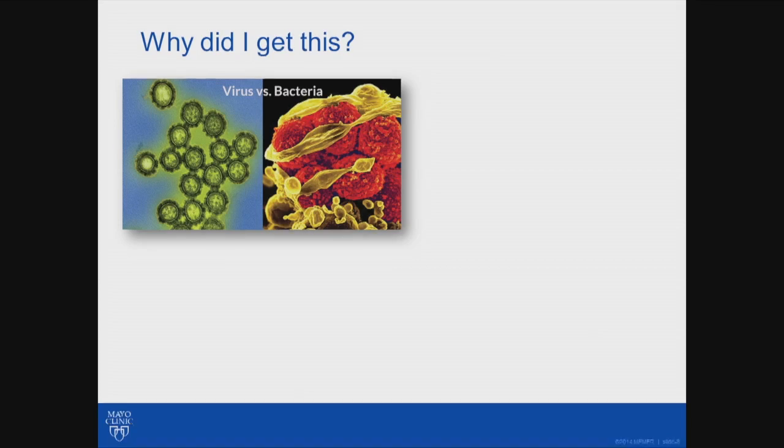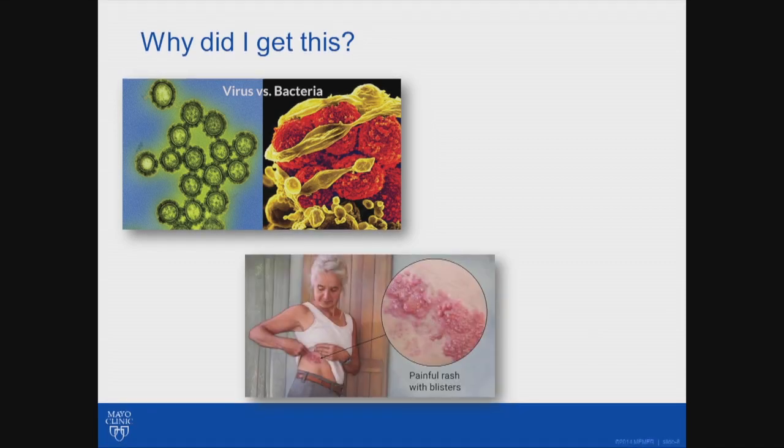Now, it's possible that infections may trigger the disease or may result in a higher risk of people getting the condition. So, for example, in giant cell arteritis, there's been a lot of interest as to whether herpes zoster, or shingles, which you know is caused by the chickenpox virus and causes a painful blistering rash, is the cause of giant cell arteritis. It's been debated.